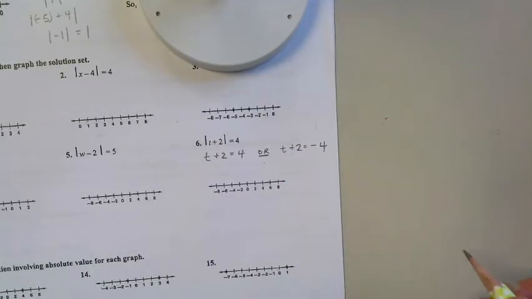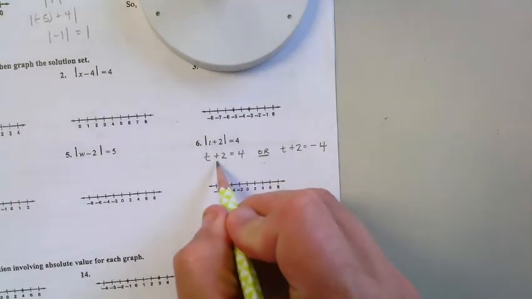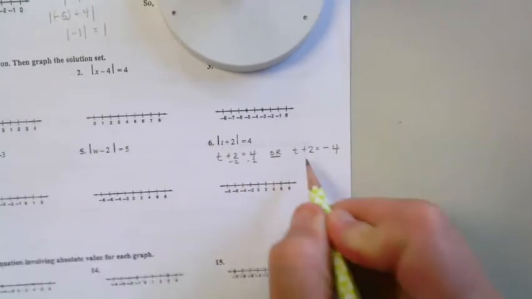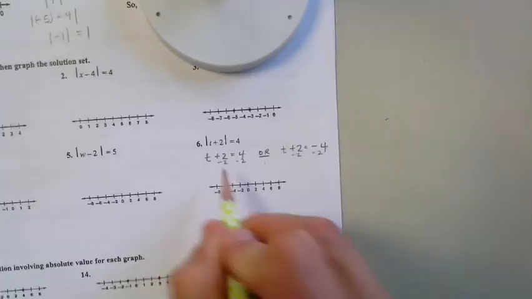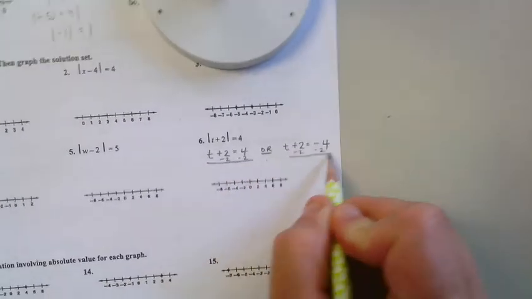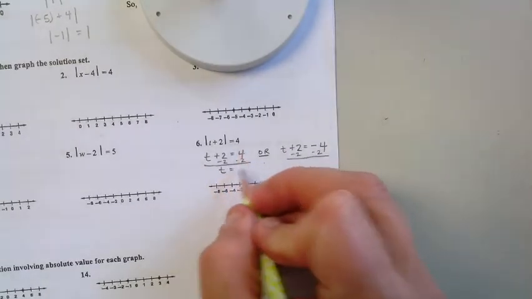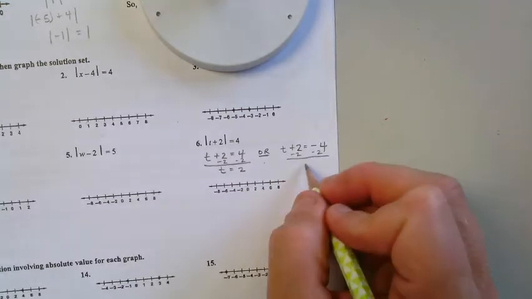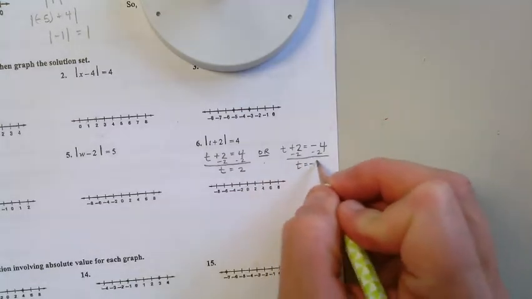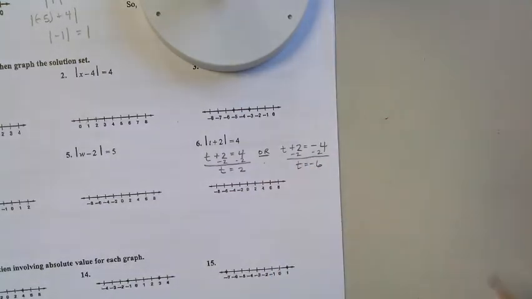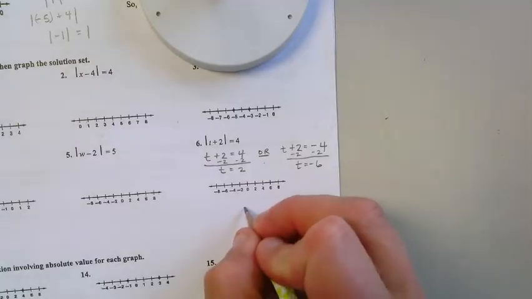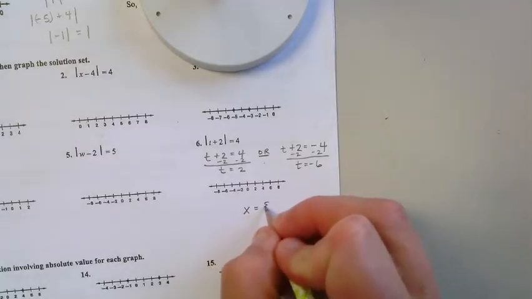Now, what are we going to do in both situations? Well, in both situations, we're going to subtract 2. So we end up with t equaling 2 or t equals -6, okay? Now, the set of solutions, oftentimes we show it like this.